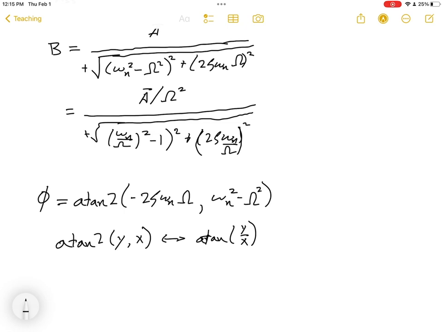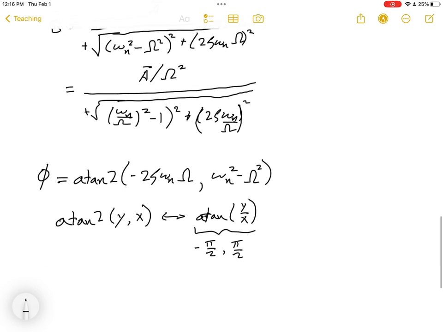So atan2 allows us to get an answer phi anywhere from 0 to 360 degrees, 0 to 2 pi, whereas atan is always going to give an answer between negative pi over 2 and pi over 2. So atan2 gives us more information.